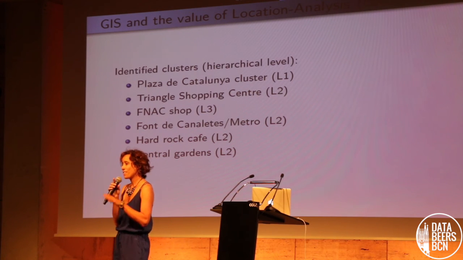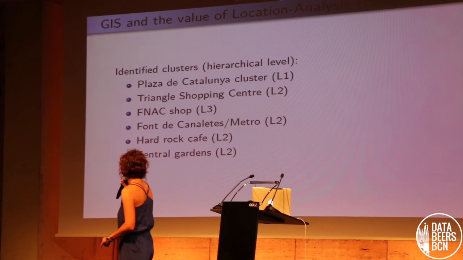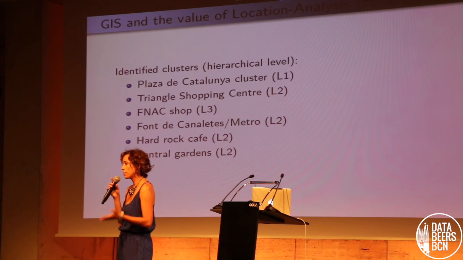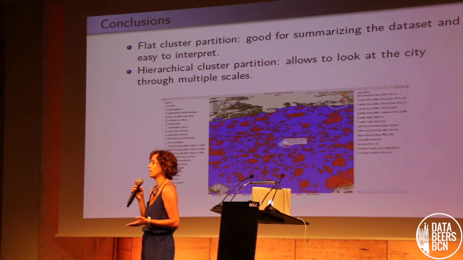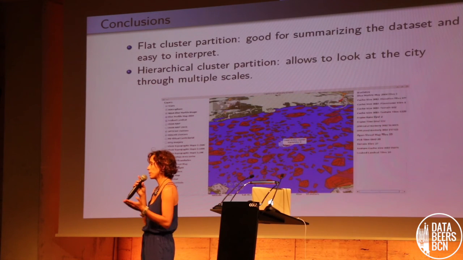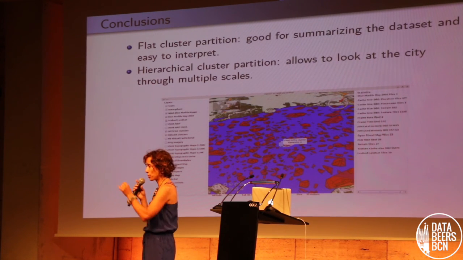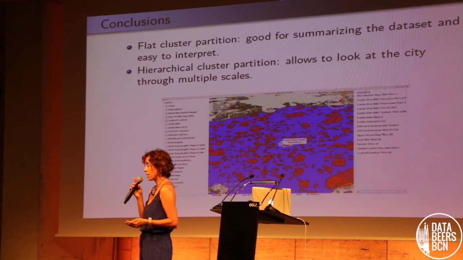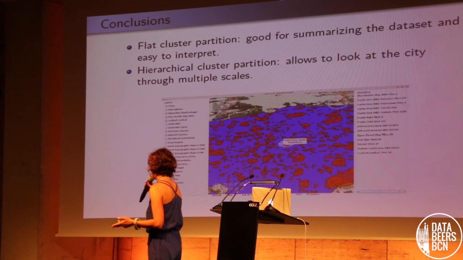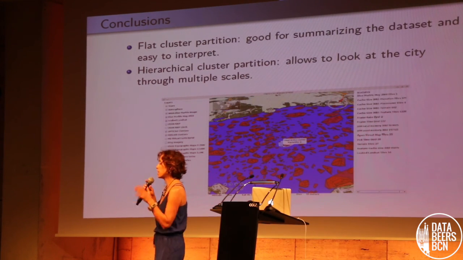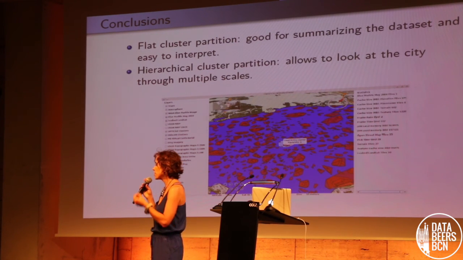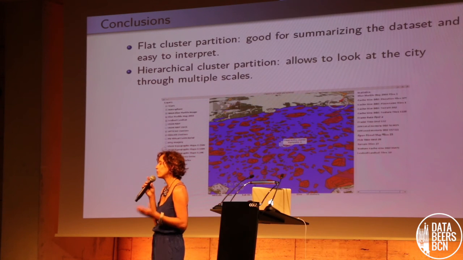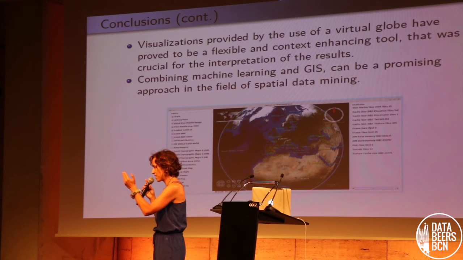To finish, some conclusions. I think the cluster partition produced by DBSCAN is very easy to interpret because the clusters are exclusive, and it also summarizes the data set very well. But on the other hand, the hierarchical cluster partition produced by OPTICS has this interesting capacity of allowing you to look at the city through multiple scales, like through different lenses.